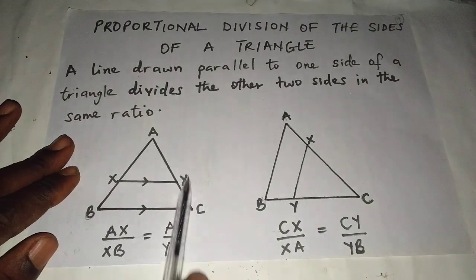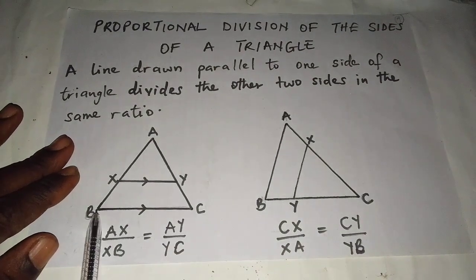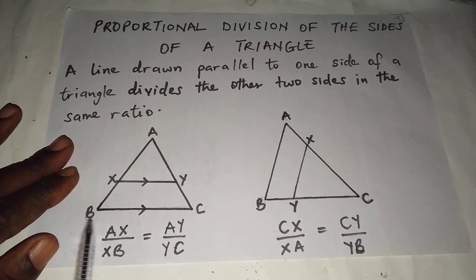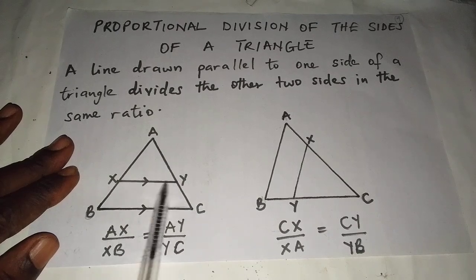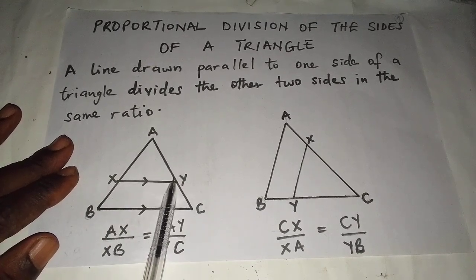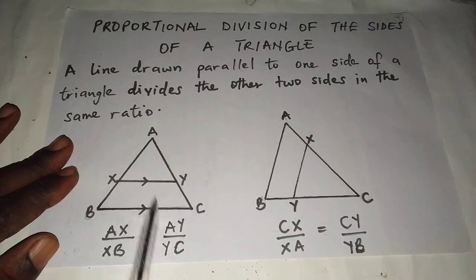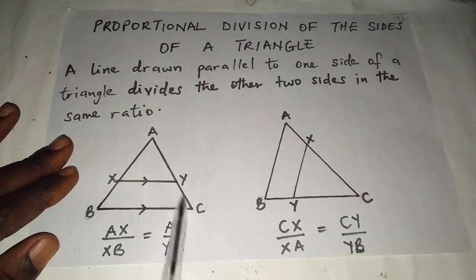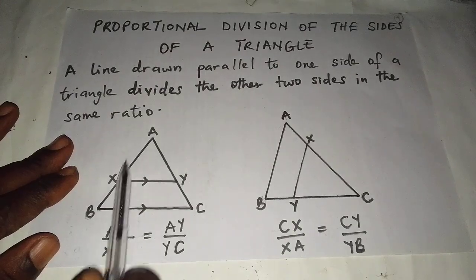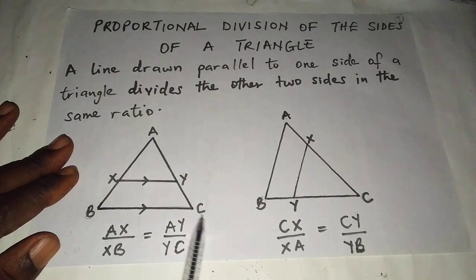If this is a triangle, now you draw a line parallel to this side inside it like this. So this parallel line will divide the other two sides in the ratio of the way one side is divided with the other.